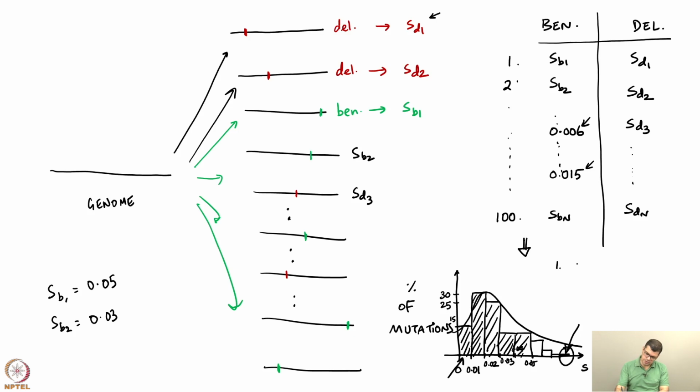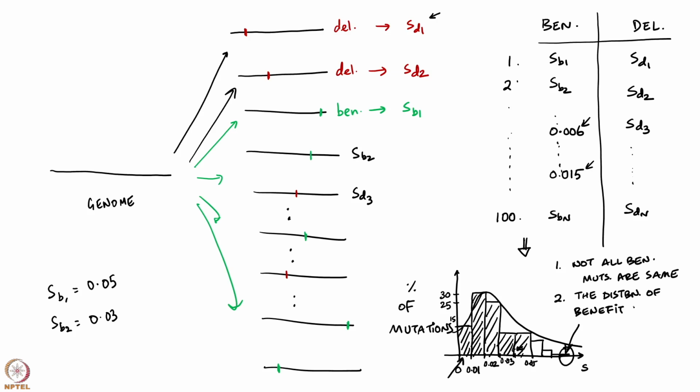So, first, this experiment confirms that not all beneficial mutations are the same, and second, the distribution of benefit that a mutation confers is like the figure that I just saw.